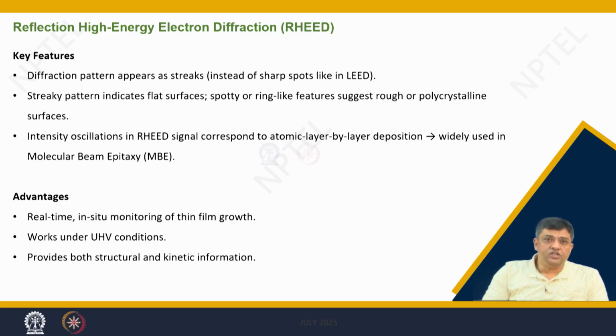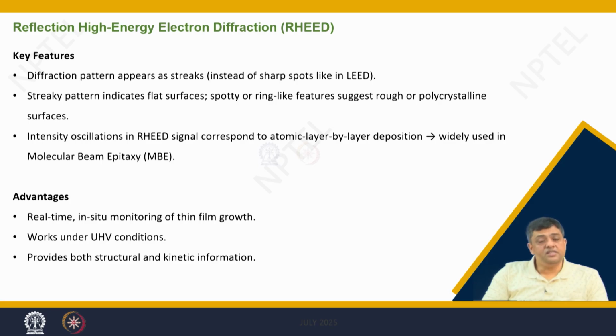The diffraction patterns which you see appear as streaks instead of sharp spots like LEED. These streaky patterns indicate flat surfaces, spotty or ring like features suggest rough or polycrystalline surfaces.